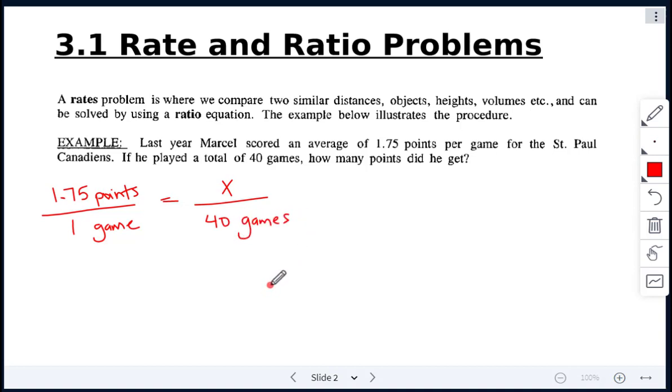Similar method, you're still going to do cross multiplication. So you take the two numbers that are diagonal to each other and you're going to multiply those. So we have 1.75 times 40, and then we're just dividing by 1, and then x is still equal to 70. Okay, and then you'd end with your sentence. He got 70 points.